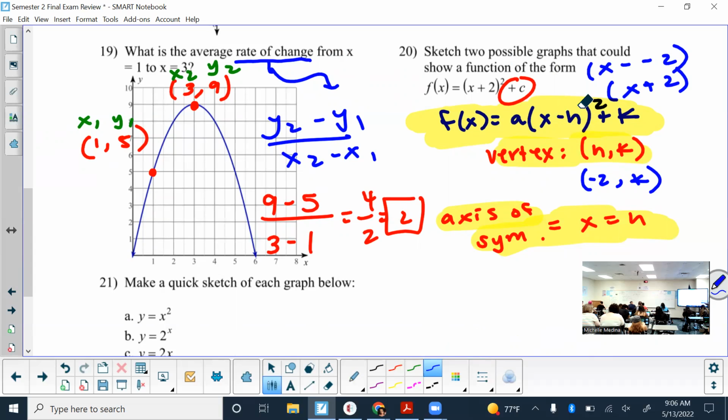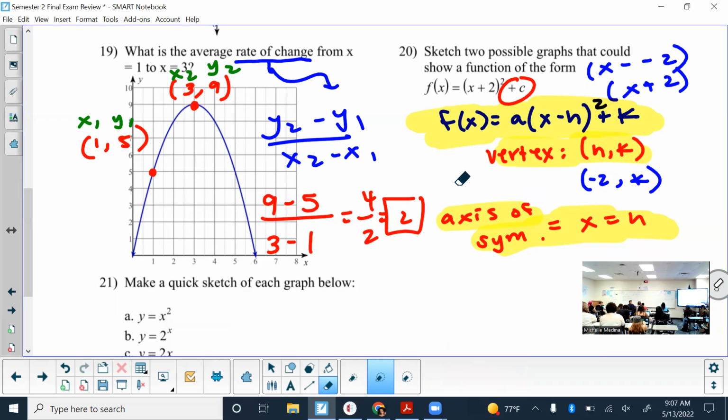The h goes in the parentheses with the x, but notice it's normally minus h, but here it became plus. What had to be plugged in for that to happen? Well, if I plugged in a +2 into here, wouldn't it look like this? You're plugging in a +2. So it would be a -2 is what you plugged in.